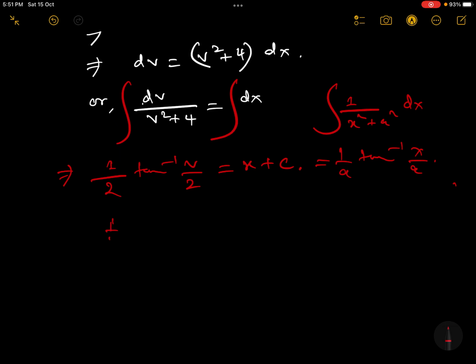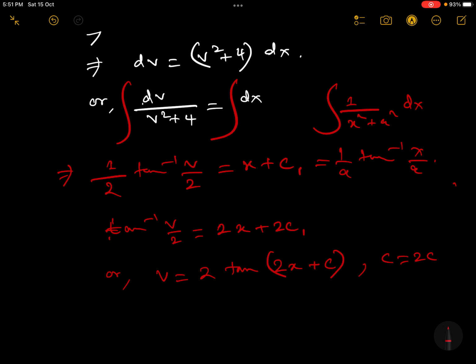If we transfer the 2 to the other side, this will be 2x plus 2c1. Or v equals twice tan of 2x plus c, where our c is twice c1.